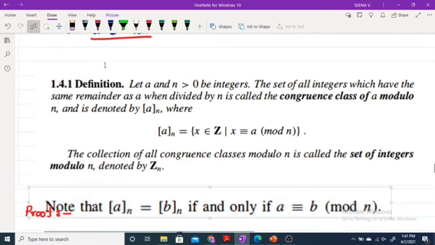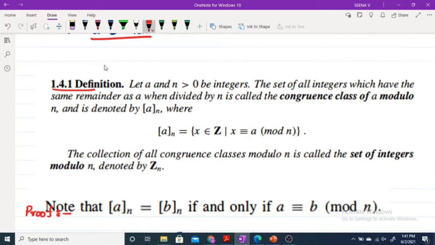So the definition is, let a and n greater than 0 be integers. Clear? A small letter a and n greater than 0 be integers.